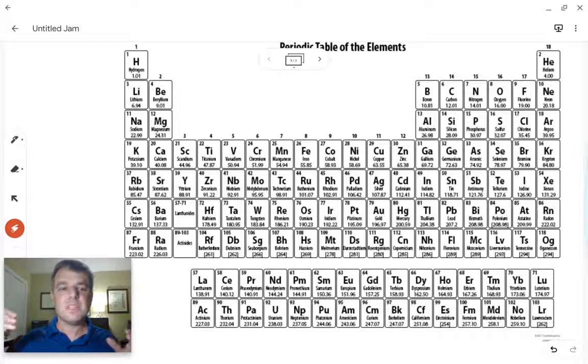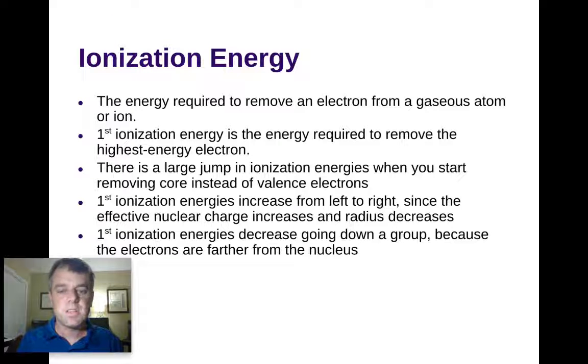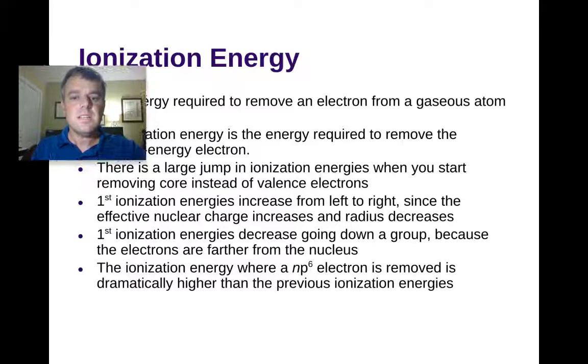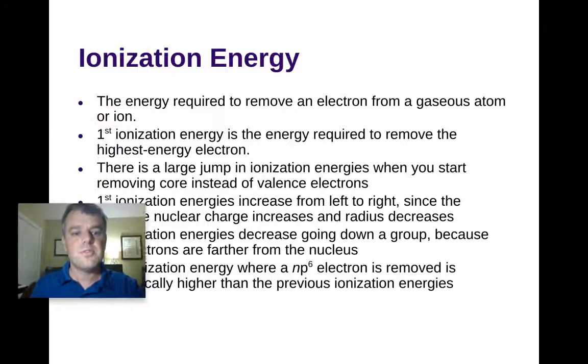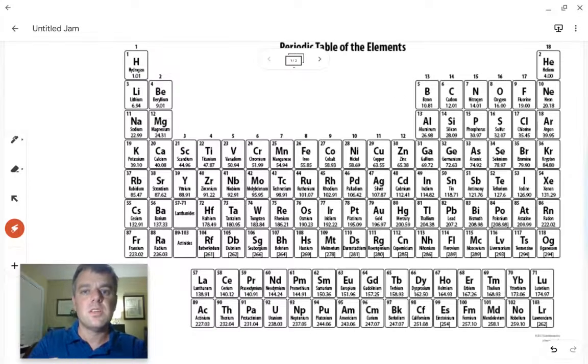It's still experiencing a +1 effective nuclear charge in francium as in lithium, but the distance increases, so based off of Coulomb's law, the radius increases and the ionization energy would decrease. And then this is saying, I'll talk more about this, that the ionization energy where an np6 electron is removed is dramatically higher. So let's look at a few examples.